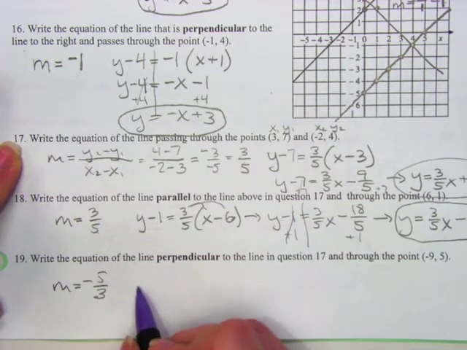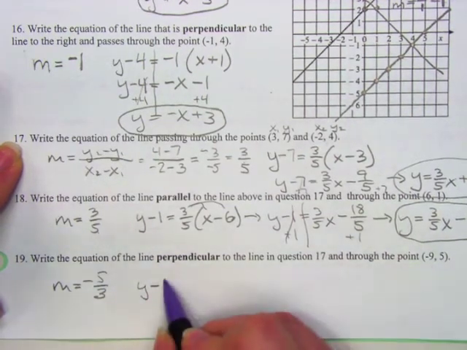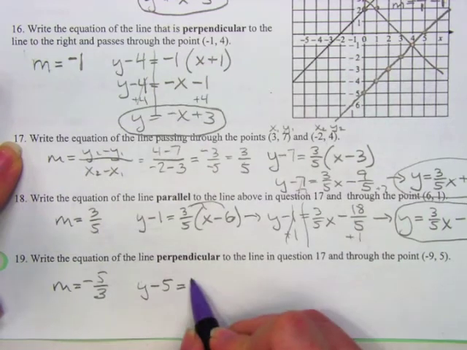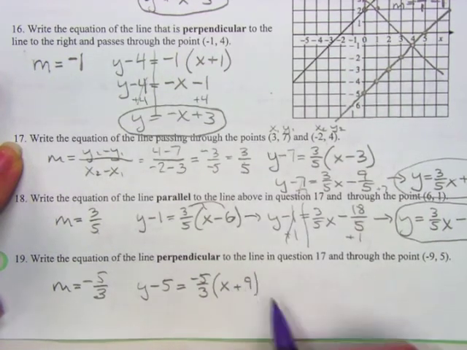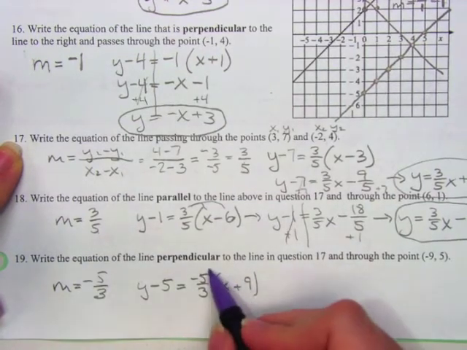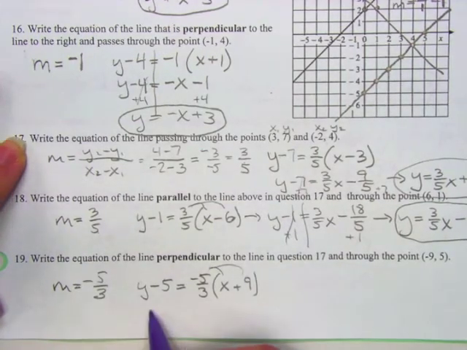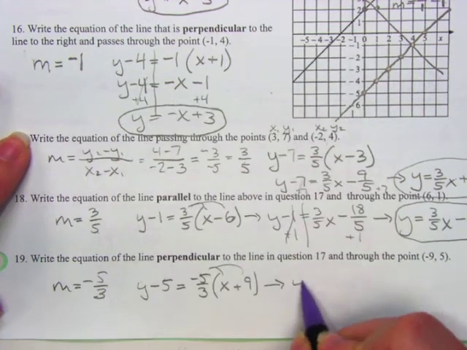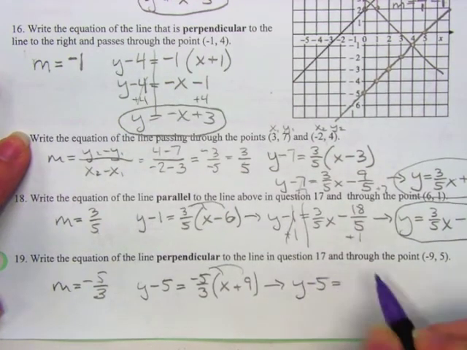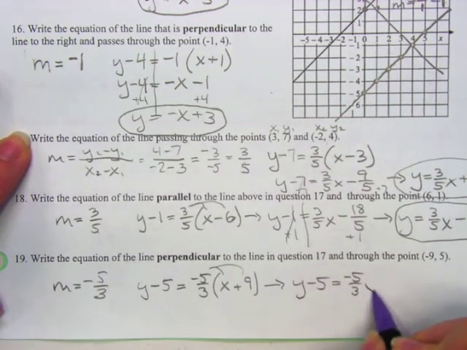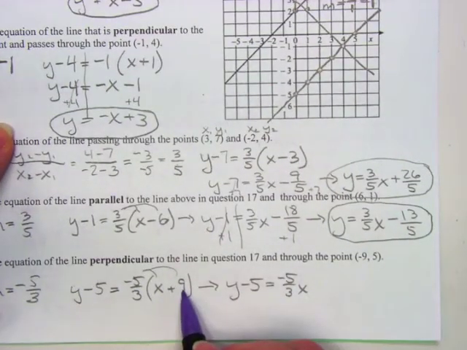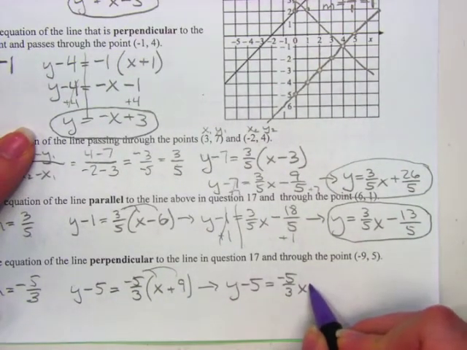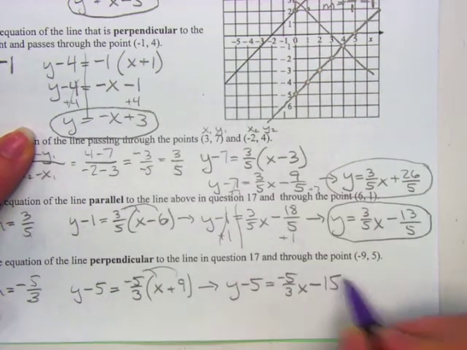Now, write the equation. Y minus the y value 5 equals slope -5/3 times x minus the x value. Distribute. We'll continue across. Y minus 5 doesn't change. Distributing -5/3 x. -5/3 times 9 gives me -15.